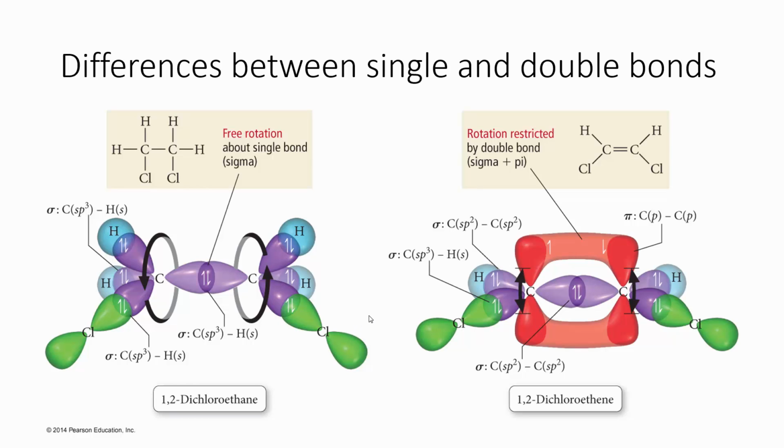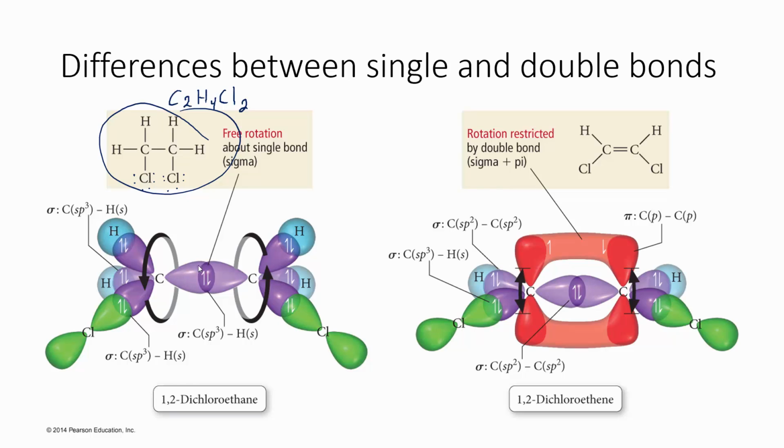So what are the differences between the single and the double bonds when we look at it through this theory? Well, if we look at dichloromethane, this C2H4Cl2 molecule, which is arranged with a Lewis dot structure something like this. There are some extra electrons around here, but those won't matter at the moment.